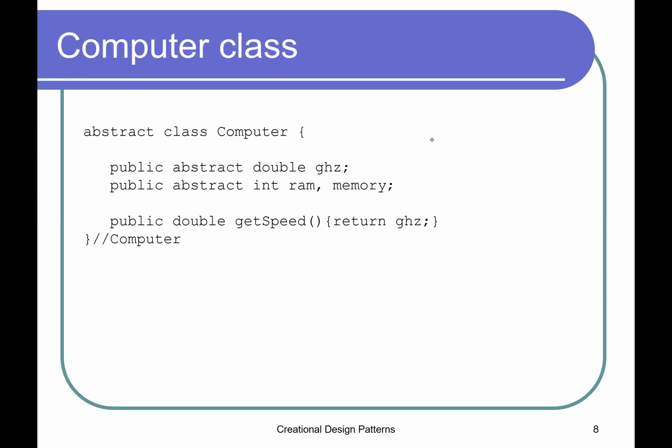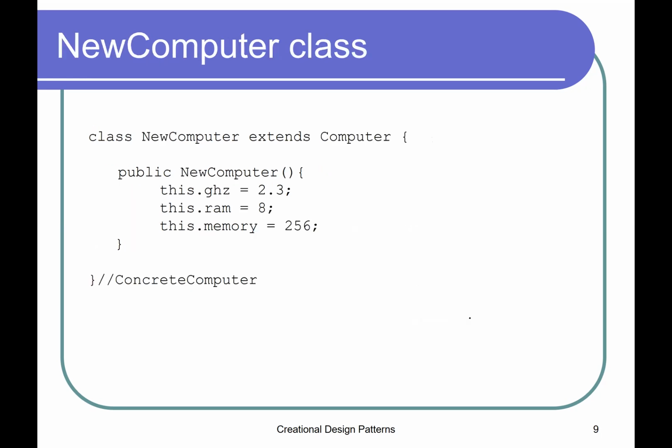So here I have an abstract class called computer. Follow me on this logic. I have two things in it: a gigahertz and some sort of memory. All computers have to have a gigahertz and a memory. Now I have a specific type of computer called new computer with certain gigahertz, RAM, and so on.